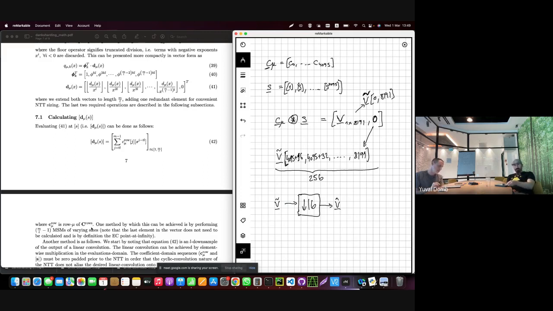Okay, and V hat is simply the 16th sample of V tilde. And then from V hat, we'll just select. If we take V tilde and downsample it by 16, we're going to get 512 points, but we don't want them all, so we only take from 256 to 511. Those would be equivalent to those at the top, right?